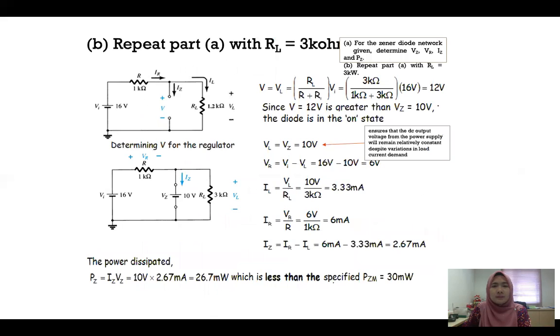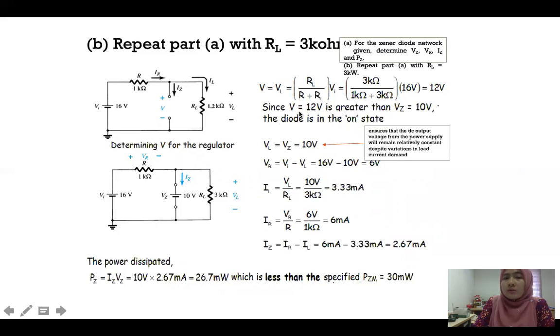This one is the same, but you just change the load resistor from 1.2 kilo ohm to 3 kilo ohm. With the same procedure, you can calculate V. You will get V equals 12 volt.